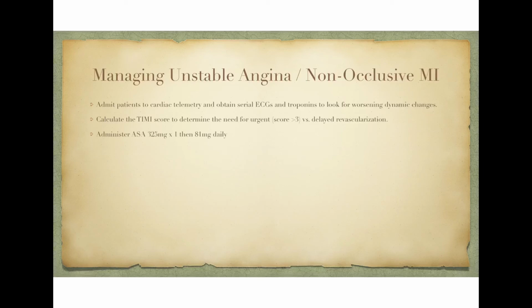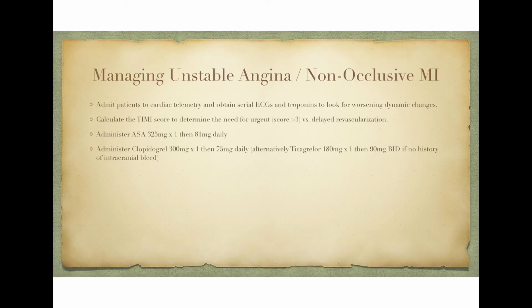First step in medical therapy is giving them high-dose aspirin, 325 milligrams crushed once, followed by 81 milligrams daily. You're going to want to add a second antiplatelet agent, which can either be clopidogrel or ticagrelor. Both of them you're going to load with a high dose, then continue with a lower daily dose.